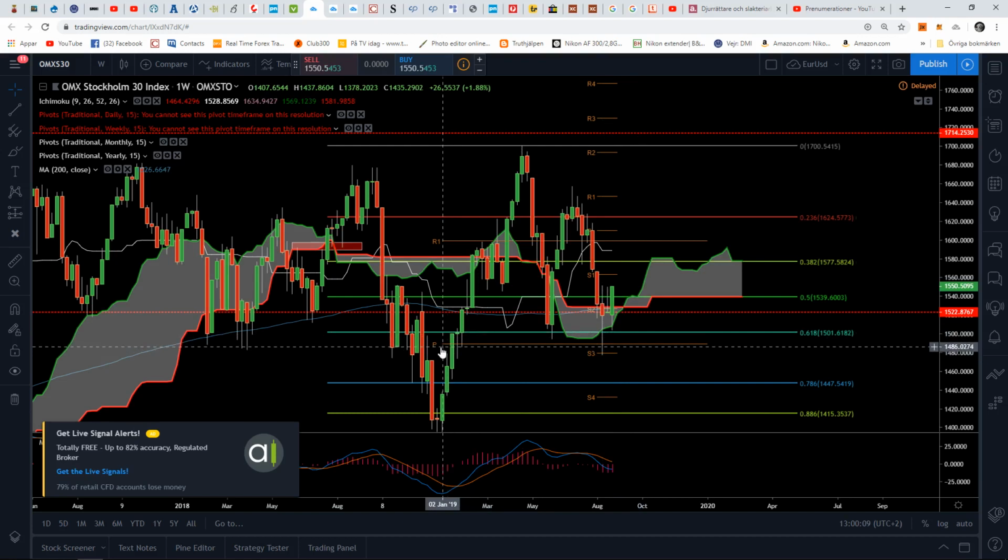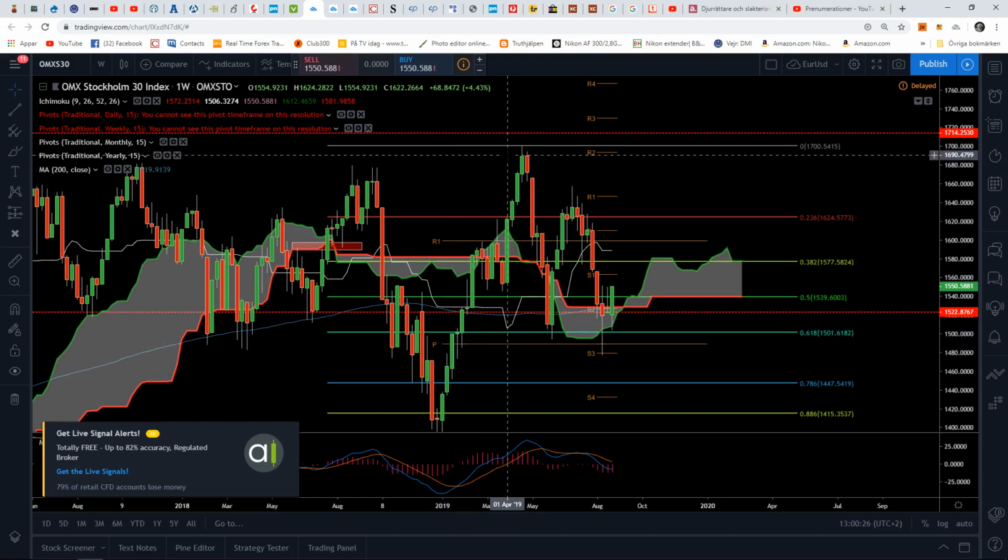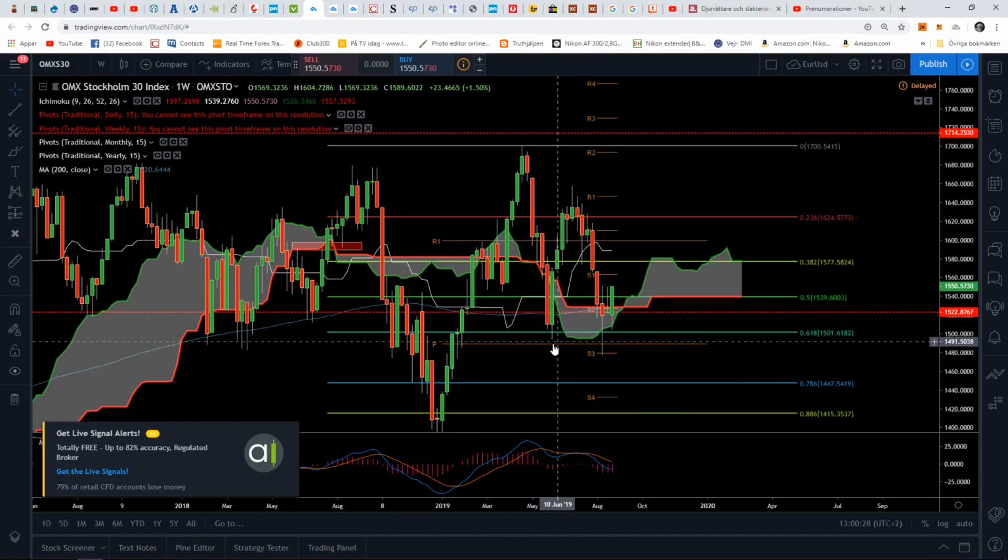This is also a retest of the yearly pivot point, so it's actually quite an important event that happened here on August 12th, because we had a break of the yearly pivot point here. We came up high up here, and now we failed to retest the pivot point here.